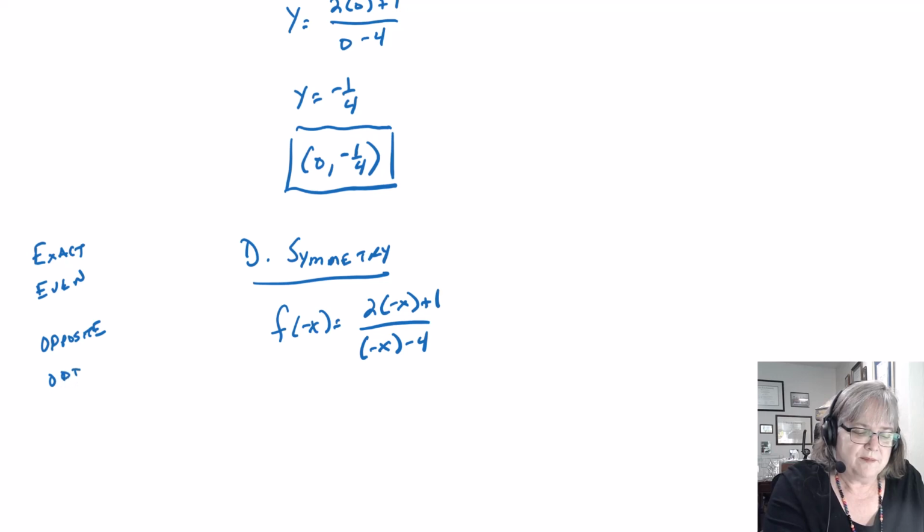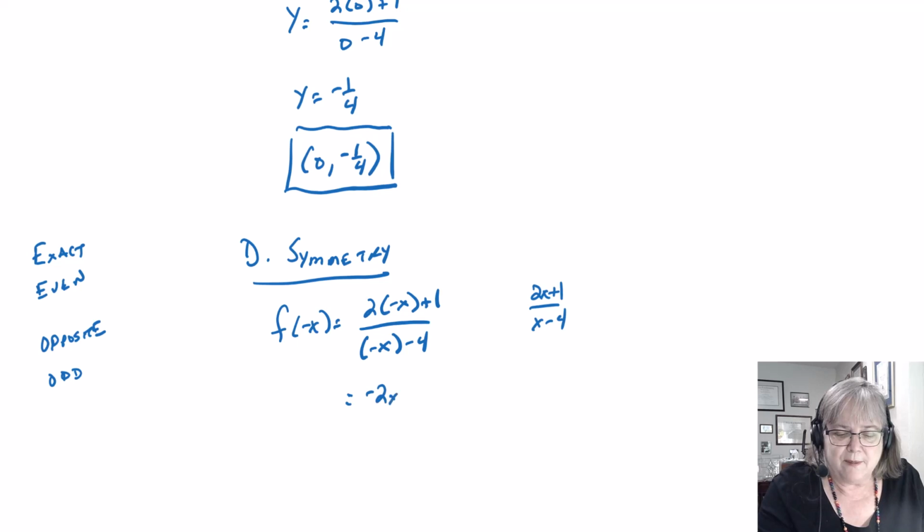Okay, so remember the original function was 2x plus 1 over x minus 4. So this is minus 2x, which is the opposite, plus 1 is not the opposite, minus x, which is the opposite, minus 4, which is not the opposite. So everybody has to be an opposite, not just the ones you stuck negative x in.